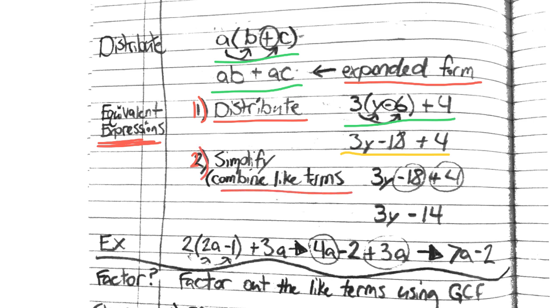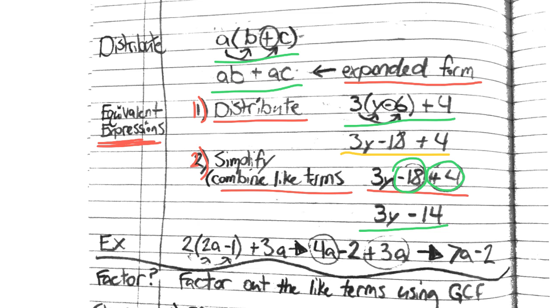So in this one that we just did, we now have 3y minus 18 plus 4. Well, the plus 4 and the minus 18, neither of them has a variable on it. So those are like terms. We can combine them. So I'm going to say, okay, negative 18 plus 4 is going to get me minus 14. So now instead of 3y minus 18 plus 4, we combined our like terms and we now have 3y minus 14.